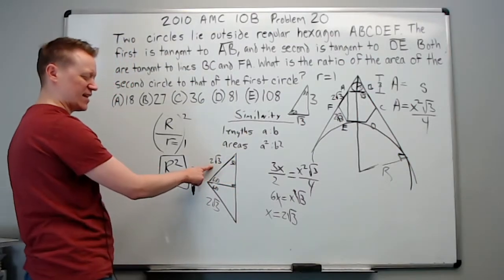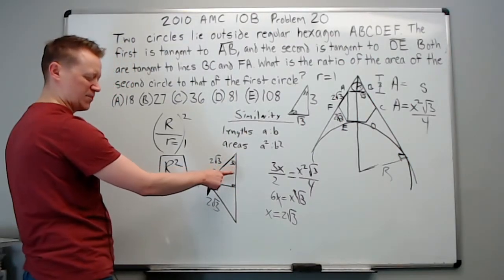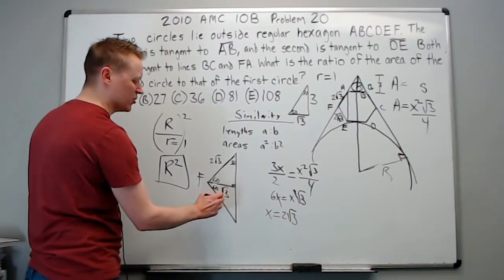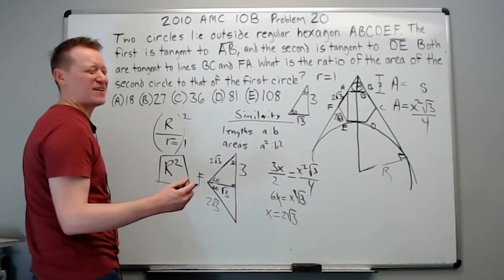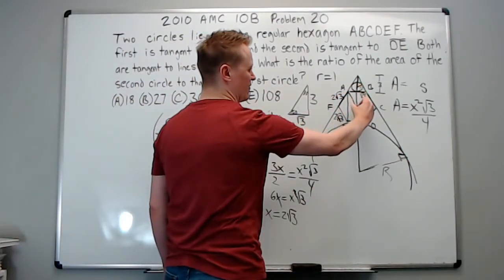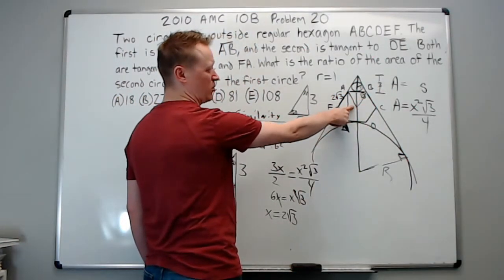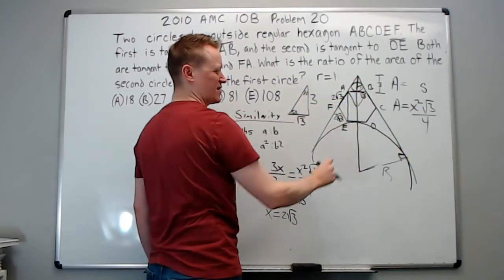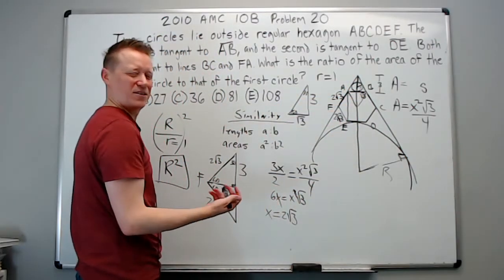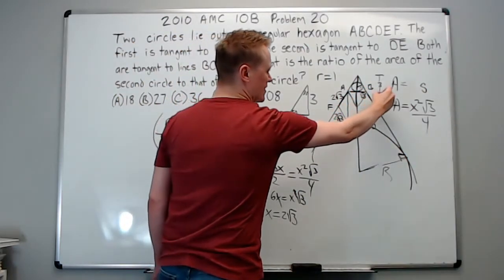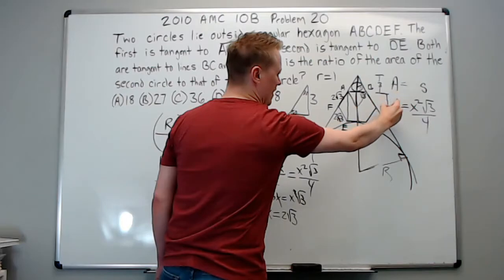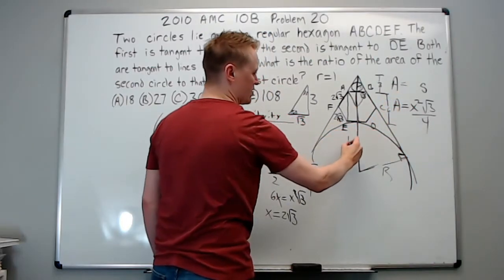So if opposite 90 is 2 root 3, then opposite 30 is half that, root 3, and opposite 60 will again be 3. I probably could have just been smart and realized that from here to here is the same equilateral triangle as there, so this distance must be 3. It feels dumb now to have done all that work, but oh well. So 3 and 3, this distance going from here down is 6. And this is also r.